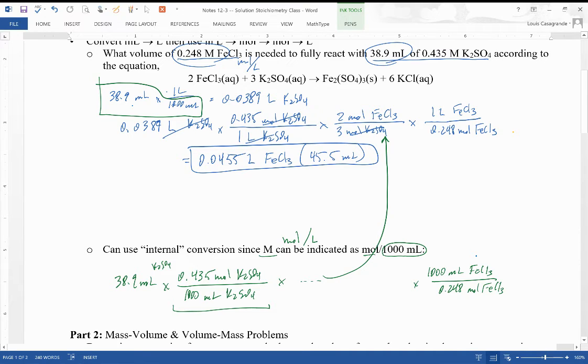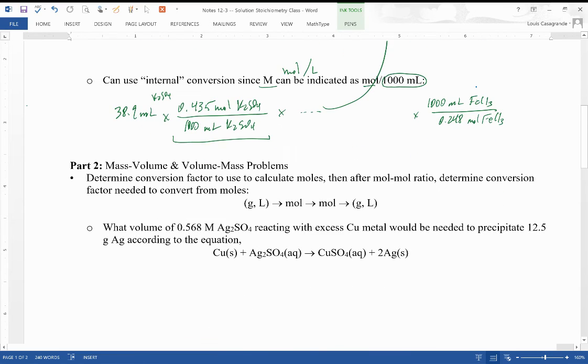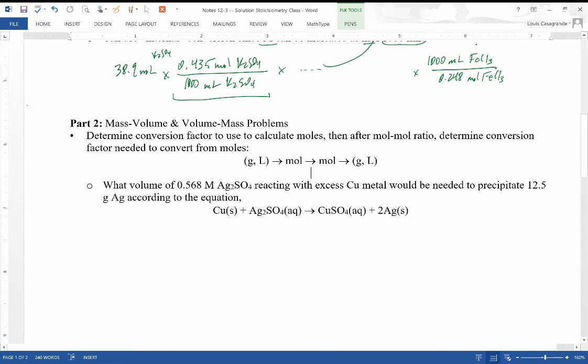And because we're usually working in milliliters in the lab, this would end up working out. Let me show you how that's going to work in this next problem. So that was a volume to volume problem. I said mass to moles, I'm sorry, it's a mass to volume problem.